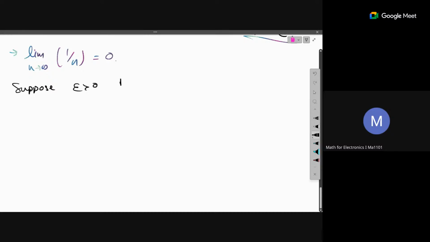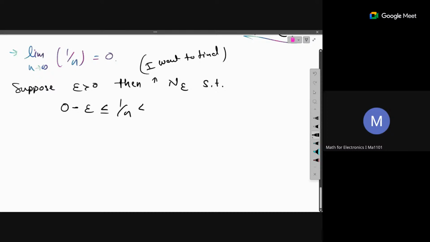Then I have to find n epsilon in such a way that 0 minus epsilon is less than or equal to 1 by n, which is less than or equal to epsilon, for all n greater than or equal to n epsilon.